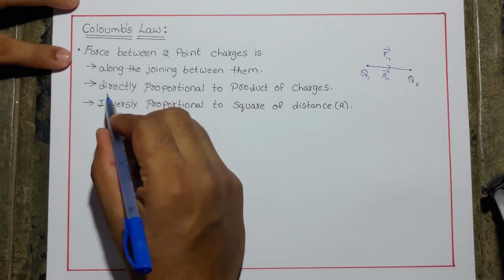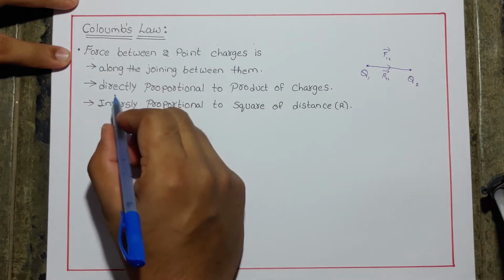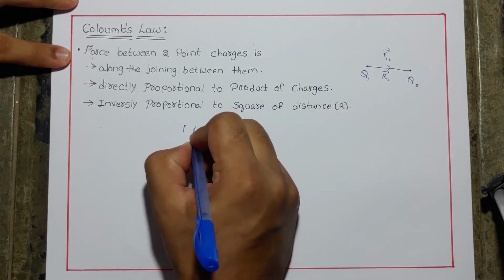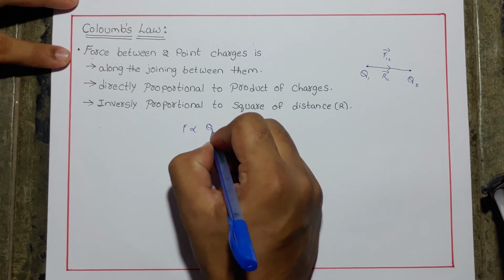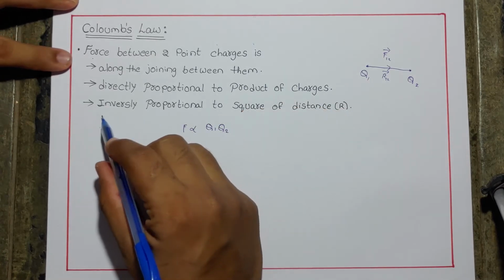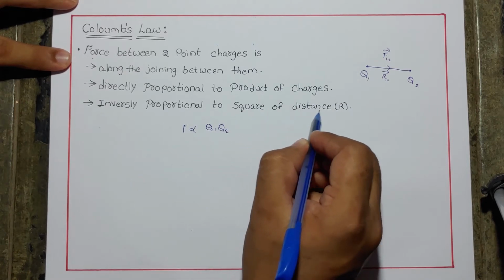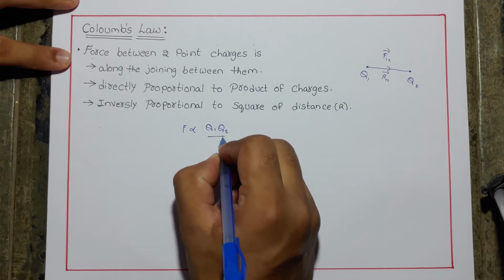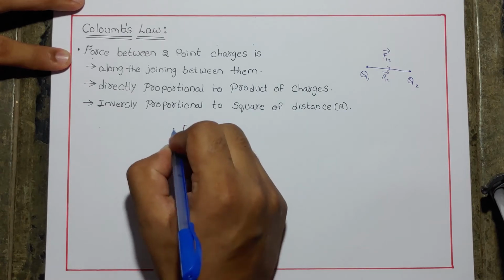From the second statement, force is directly proportional to the product of charges Q1 and Q2. From the third statement, it is inversely proportional to the square of the distance R between them.